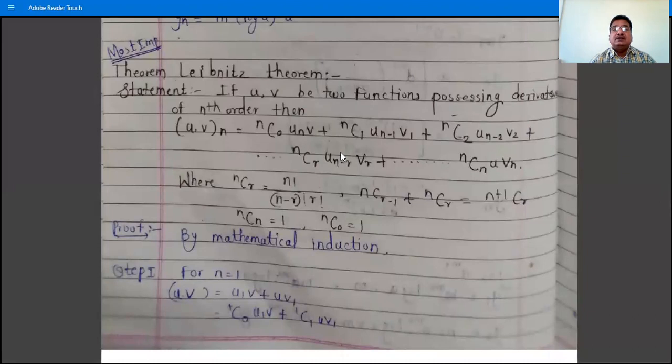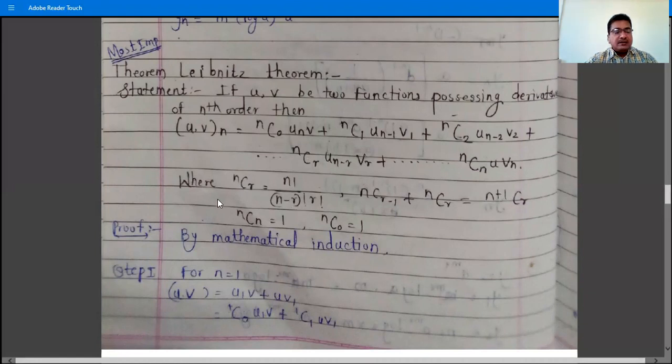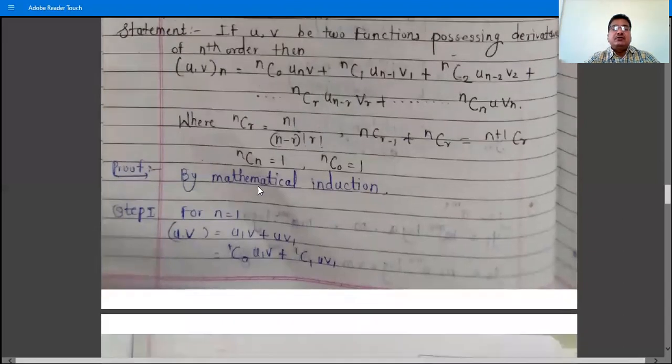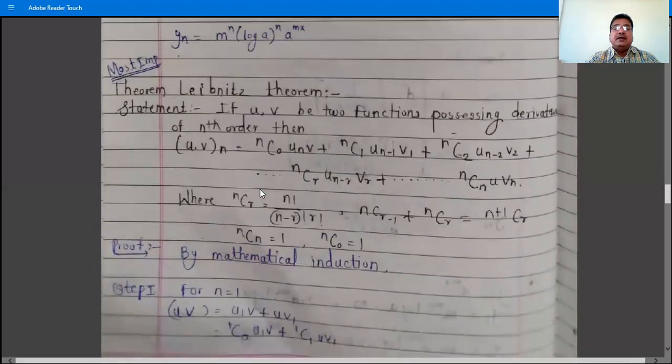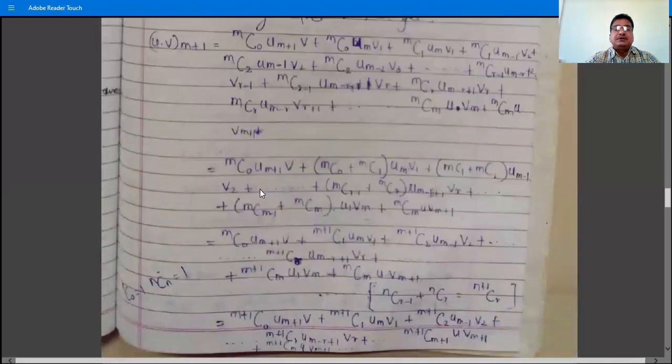So what is the use or application of Leibniz's theorem? If y is the multiplication of two functions and you have to find the nth order derivative of the multiplication, then use Leibniz's theorem to find the nth order derivative of the multiplication of two functions.